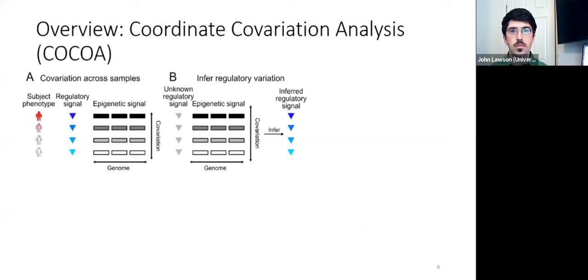So we observed that when you have variation in regulatory signal that controls these regions, then you would also have covariation of these regions across samples. And so using that idea, we can actually work backwards. If we see that there is covariation of epigenetic signal in co-regulated regions, then we can infer that there might be also variation of the regulatory signal controlling those regions.